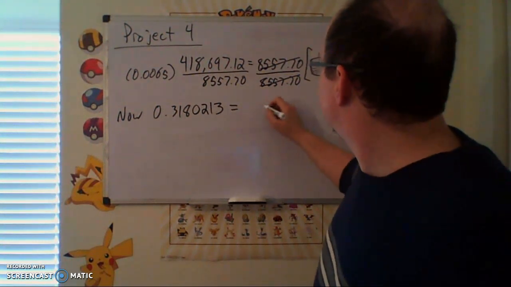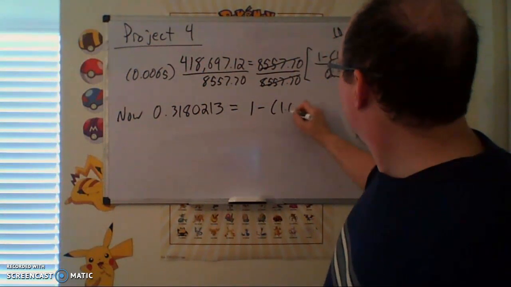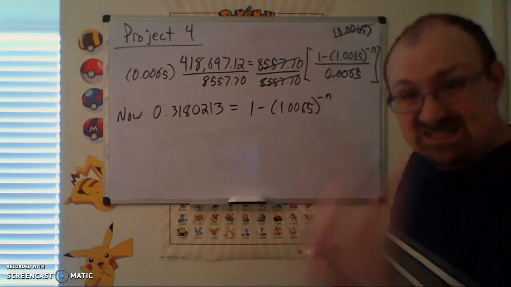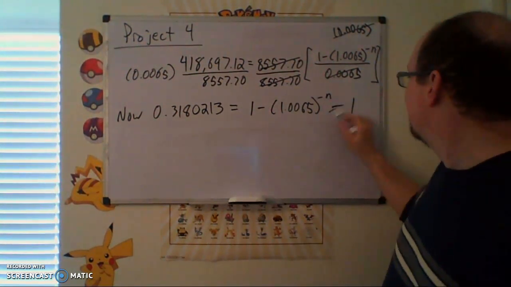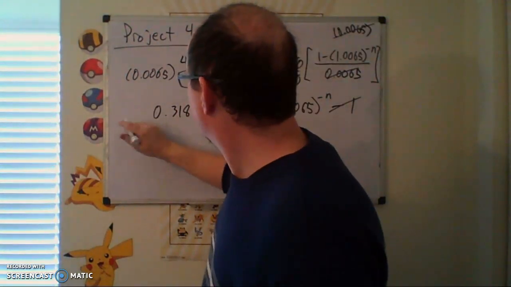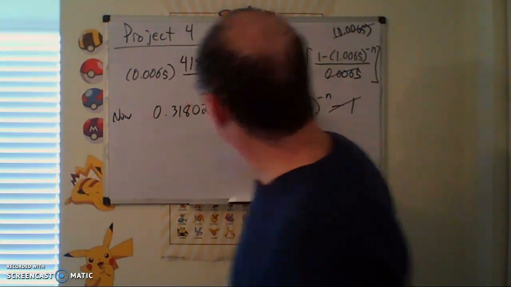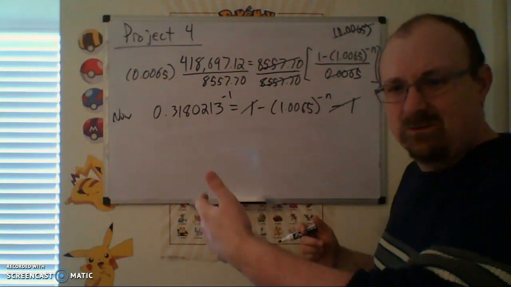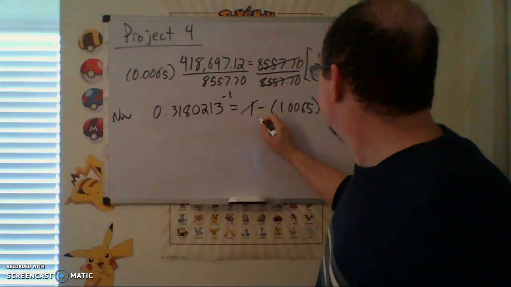All right, so let's see, 1 minus 1.0065 to the negative n. Same kind of routine that we've seen before. I've got to subtract 1 from both sides of this thing, so that gets rid of the 1. So, yes, I'm going to write the -1 right there. So this thing would end up giving me a negative 0.6. You get the idea. All right. So then I'm going to need to divide.